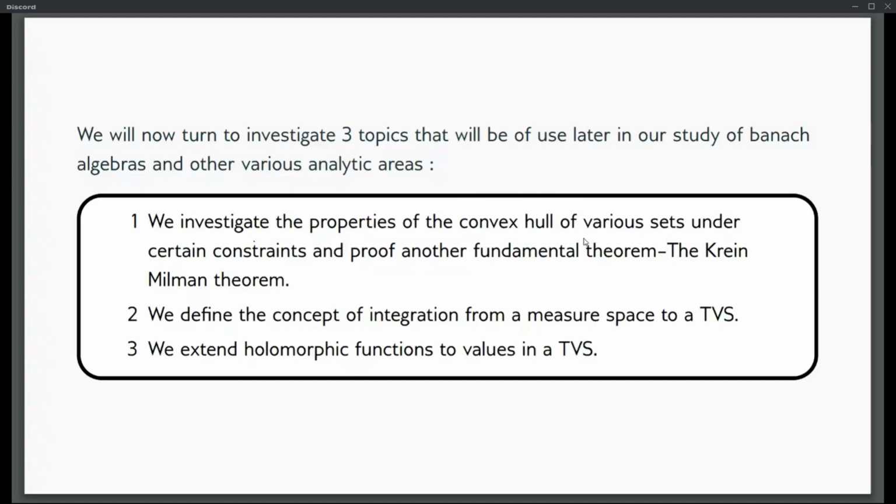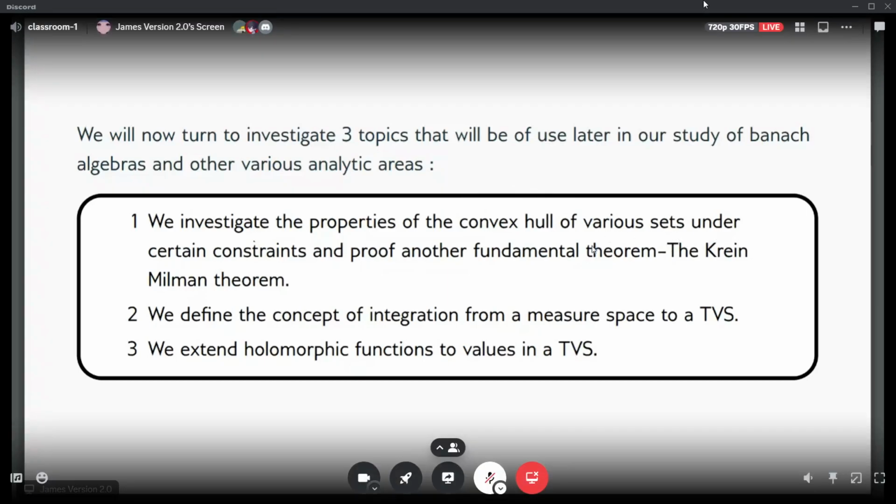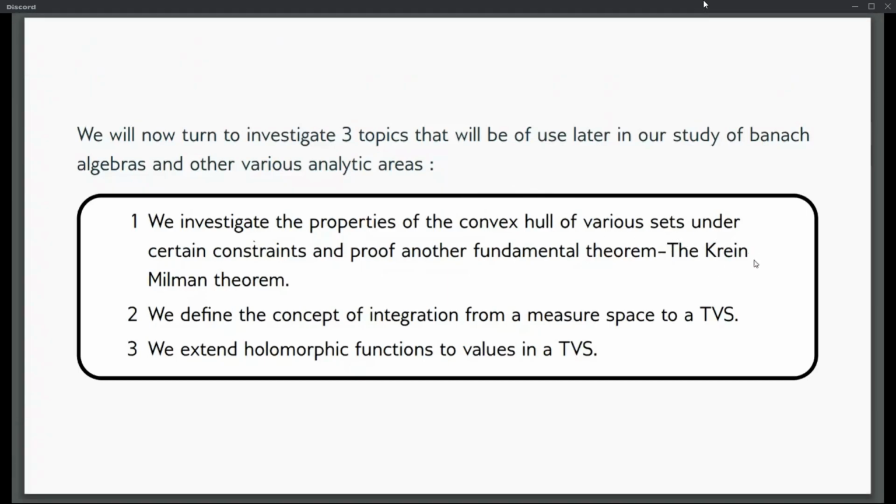If you want to prove something exists, the Krein-Milman theorem can serve that purpose because it shows extreme points exist. So if the thing you want to prove exists is an extreme point of a certain set, then the Krein-Milman theorem tells you it essentially exists. It actually tells you that the set of extreme points is quite large. So it guarantees the existence of certain things.